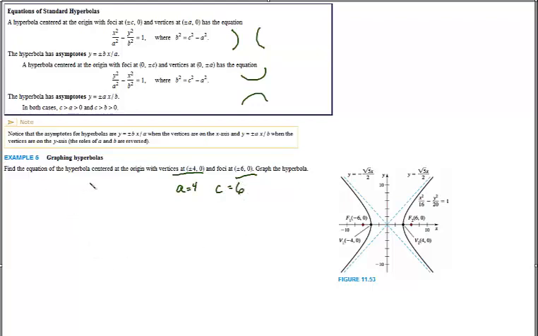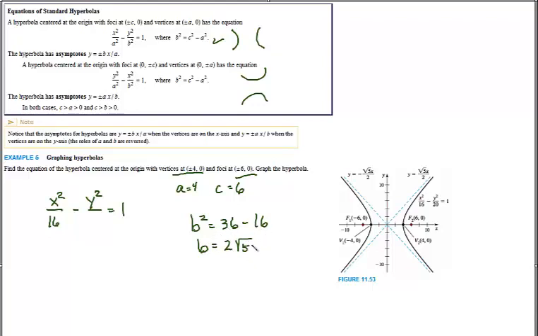So in order to find the equation of that hyperbola, well, I know that it's going to be some x squared over a number minus y squared over a number equals 1. I know what the x is over. It's over 16 because of this 4, but I need to get my b value, and I know that b squared is equal to 36 minus 16, just following this equation here, and that would give me that b is equal to 2 square root of 5, because that would be 20.